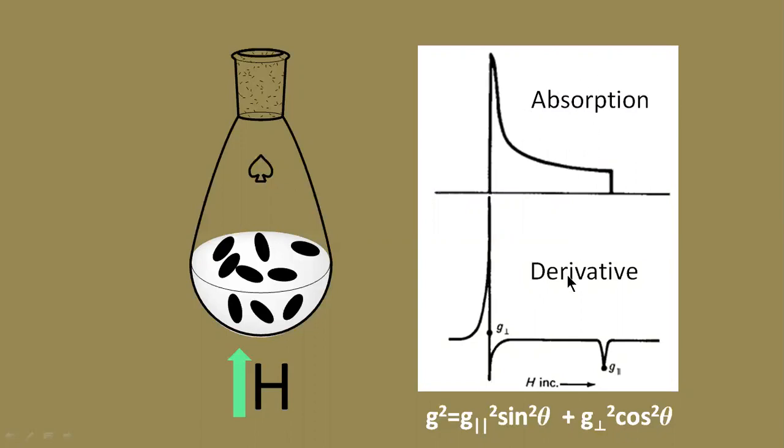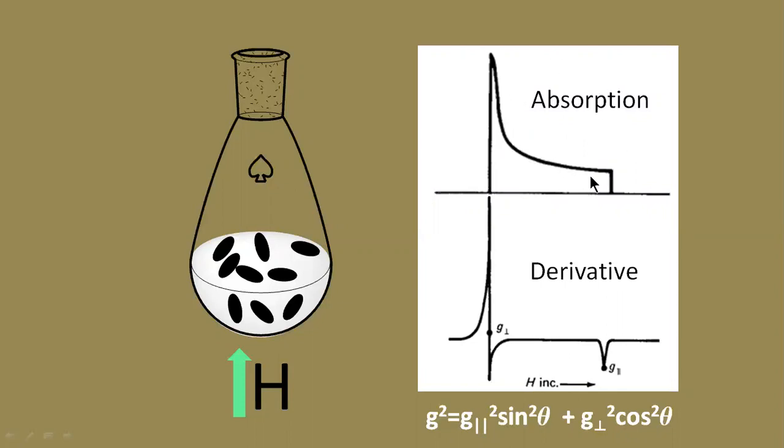If we take the derivative, you do not see any intermediate peaks except the G perpendicular peak and the G parallel peak. Because it is a derivative spectrum, I am not able to see the peaks corresponding to the different orientations. But if you integrate again to convert it back to the absorption spectrum, you should be able to see all the peaks.